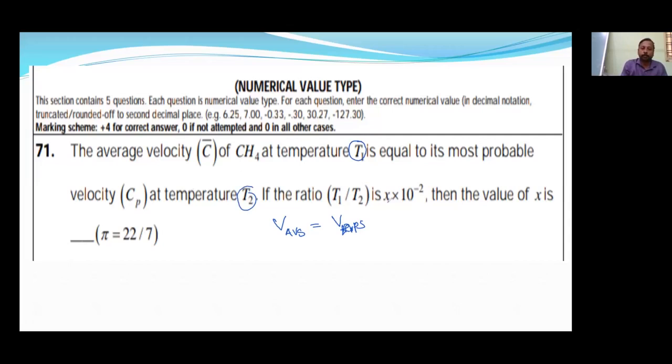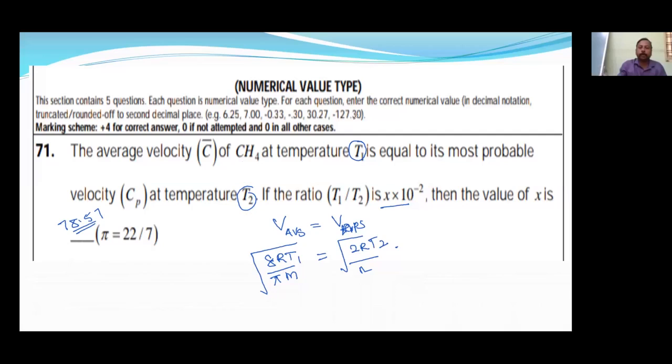So you directly get T1 and T2, and when you divide them, by formula substitution you will get 78.57. Pi value we take as 22 by 7. On simplifying, you will get 78.57.